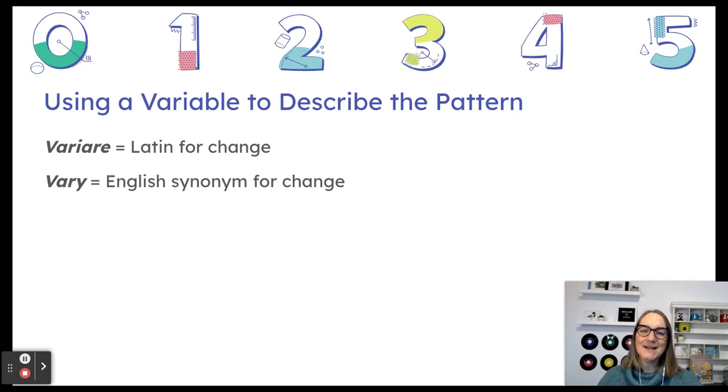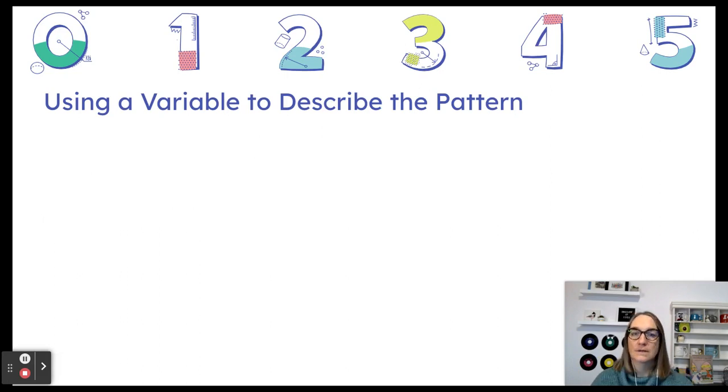Do you guys see what I did there? Haha. Both varieties and various come from the same Latin root word variare. So we have variable, varieties, various, vary, all coming from the same Latin word and all meaning something related to change. So keep in mind that that word variable means changeable.